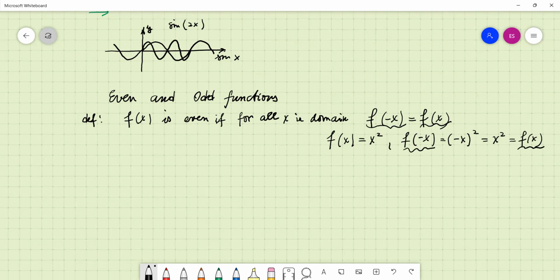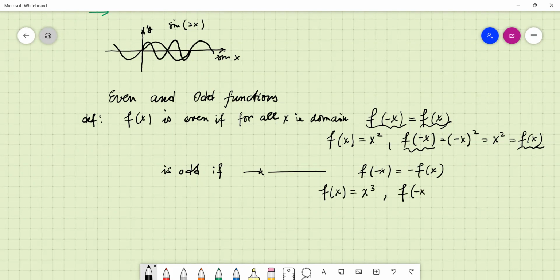Now, a function is called odd if for all x in the domain, f of negative x equals negative f of x. So if you put a negative in front of the argument, it's going to cause a minus in front of the whole function. Example: f of x equals x cubed.